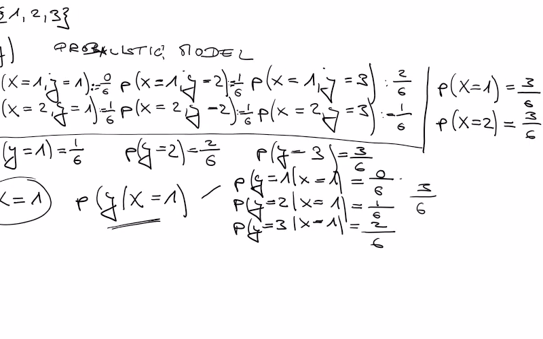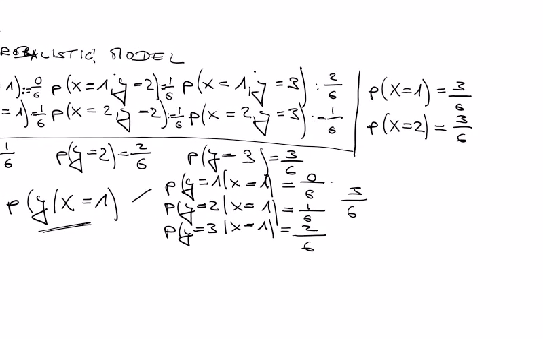Now the sum of them already has a name. It's called the marginal probability that x equals 1. So if we want to divide these by 3/6, we can likewise multiply them by 6/3. That's something you are familiar with from school.